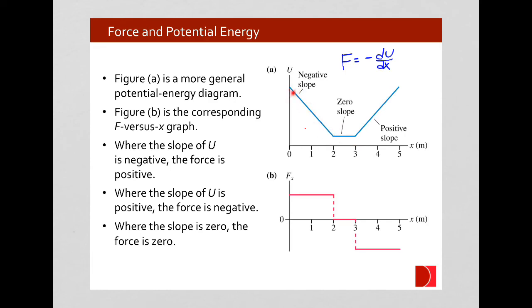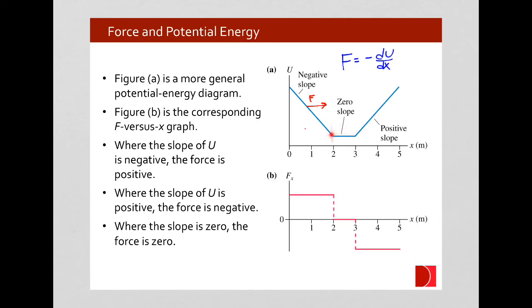In this segment, the slope is negative. It's a downward slope, so we'd have a negative derivative. A negative derivative gives us a positive force. That means that in this case, our force would be to the right. It would be pulling us to the right so that we would decrease our potential energy and increase our kinetic energy.